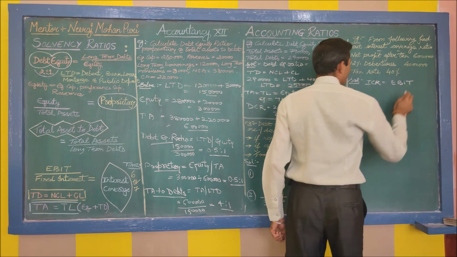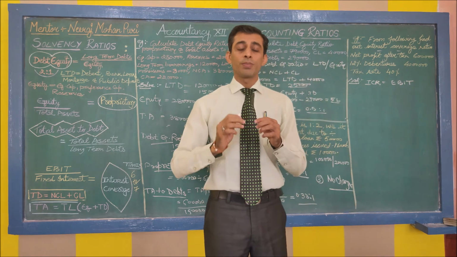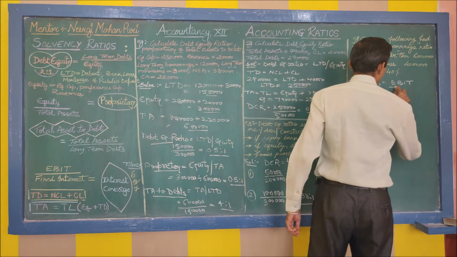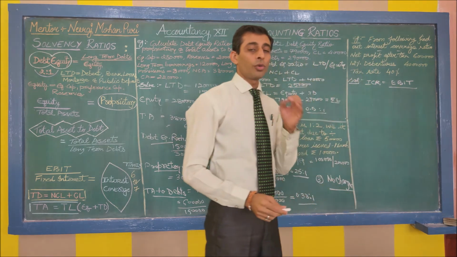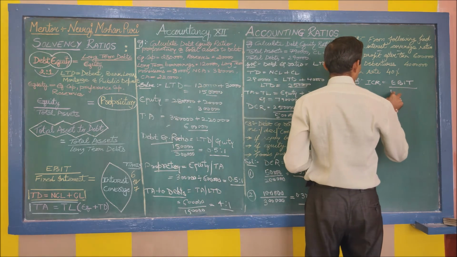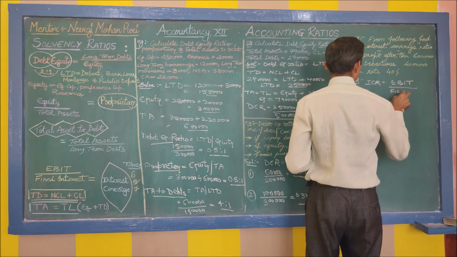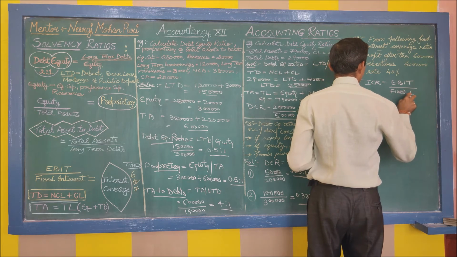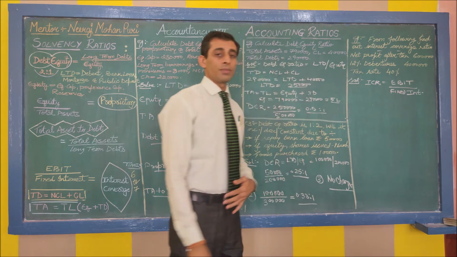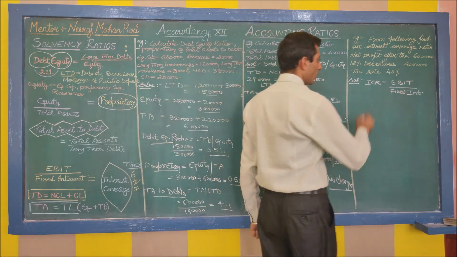EBIT means tax और interest pay करने से पहले वाला profit. Means the profit which was before paying interest and tax divided by fixed interest. Remember, this answer will be in terms of times. Now let's start.